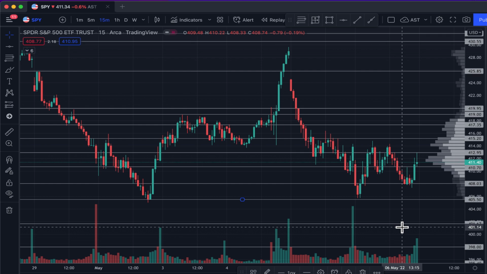So I'm pretty happy with the way that these look. I know that Thursday and Friday had a lot of wicks, so it was a more difficult one to play. There's no real clear direction on the 15-minute. I mean, the hourly wouldn't be any better.